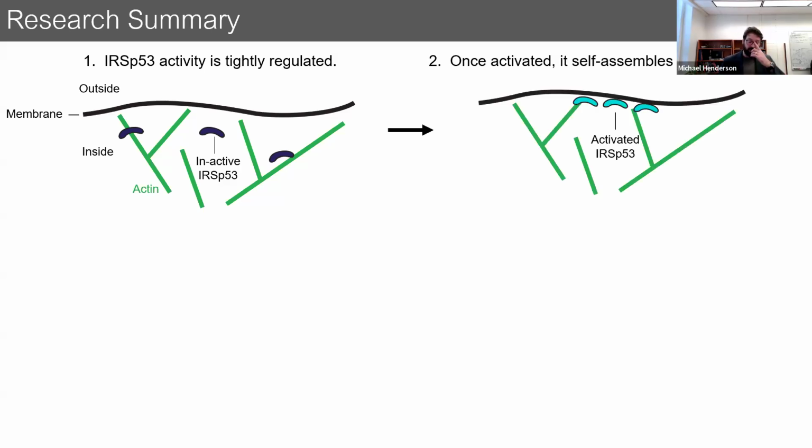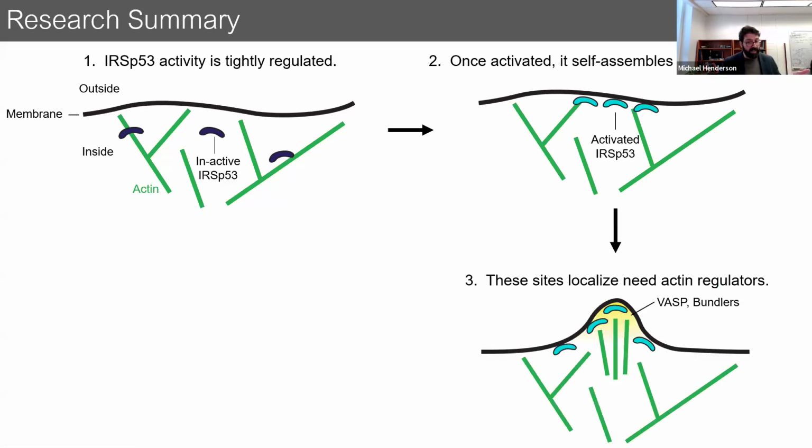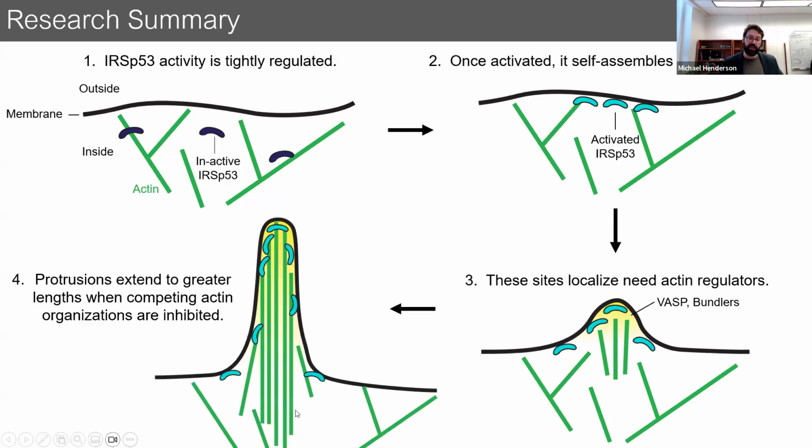Upon activation, these proteins self-assemble in a lipid-dependent manner on the plasma membrane surface, whereupon they recruit specific actin polymerases, potential bundlers, and monomeric actin to drive the generation of protrusions. Depending upon how you modify the balance between the density of branched actin networks compared to linear actin networks, this has a big impact on the length scales that protrusions can achieve.